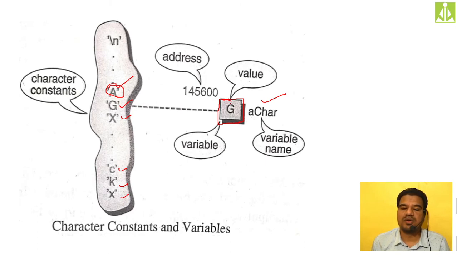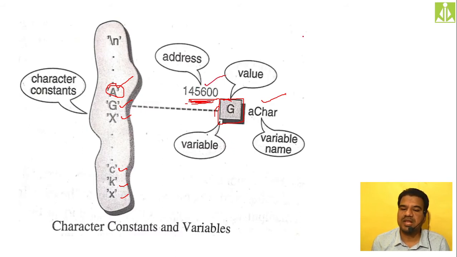In that memory location, let us say I am storing the value G. From where are we getting this G value? From this universe of characters, whatever characters we have in the computer world, we are getting G into this variable a char. This is my value, and this entire thing is the variable, and when we take this memory location from the computer, it has some unique address. This is my address, a numerical value.